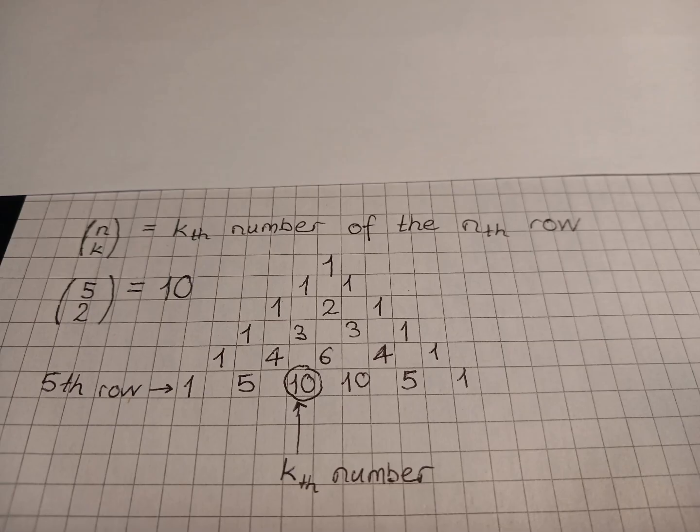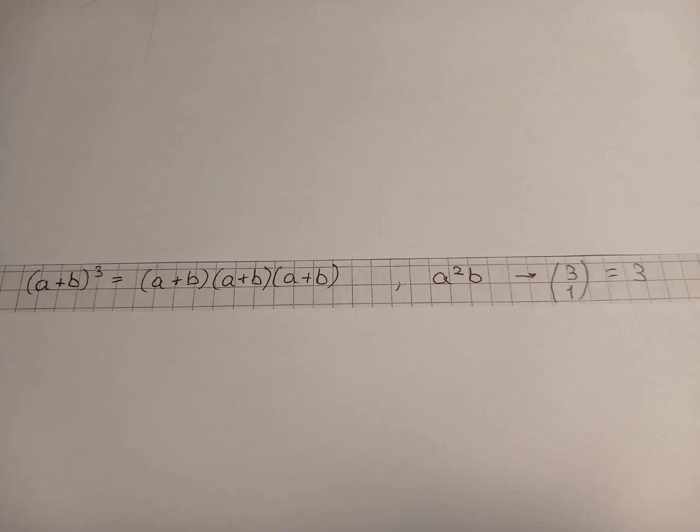But the thing is, these two things, the coefficients of the binomial expansion and the combinatorial property, are the same property, because you can write (a + b) to the power of 3 as (a + b) 3 times. And if you know how to multiply brackets, you know that you need to take one element from each bracket.